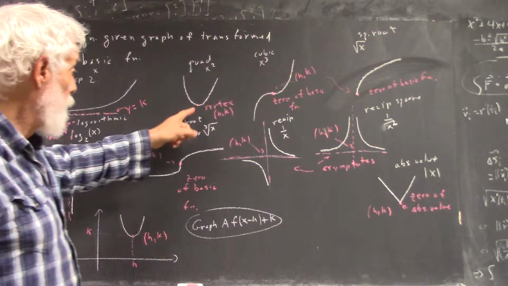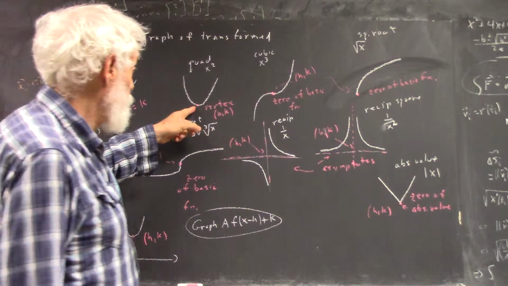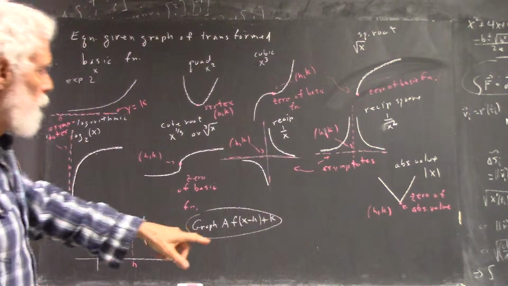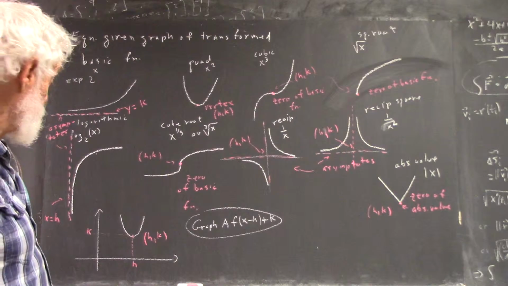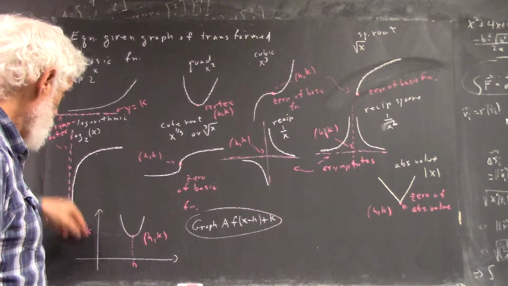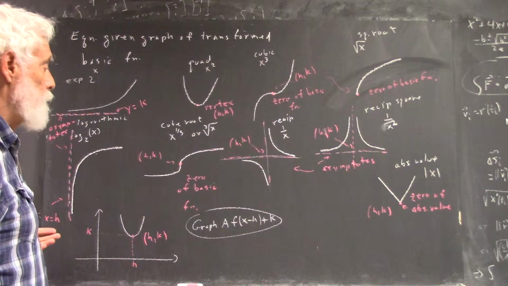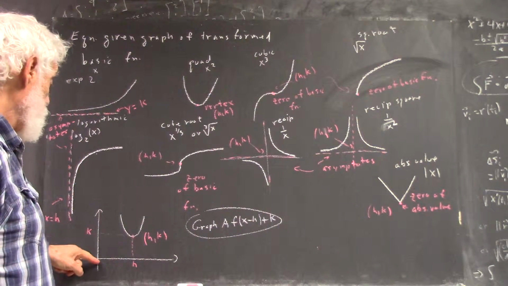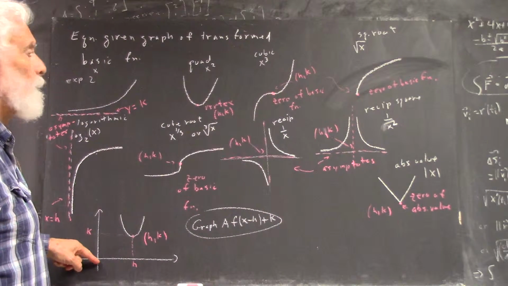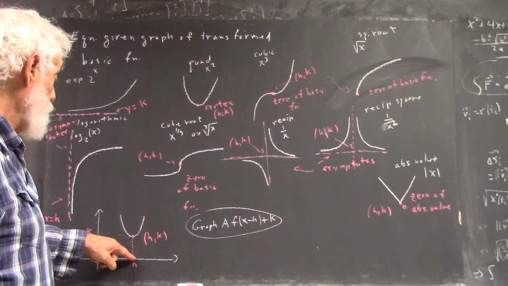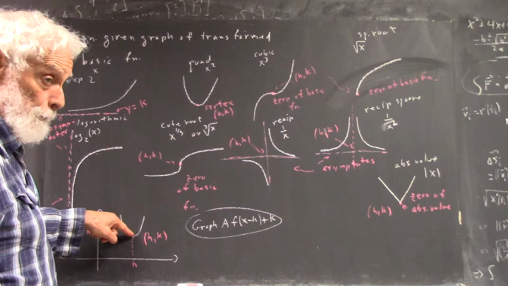Okay, so for a quadratic, hk would be at the vertex. Because why? Because h and k are your horizontal and vertical shifts. So if you have a quadratic, your basic quadratic at vertex at the origin, if you shifted horizontally h units and vertically k units, the origin translates to the position h, k.